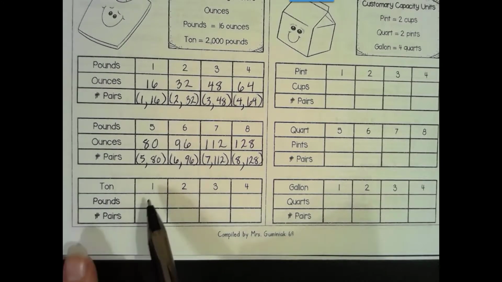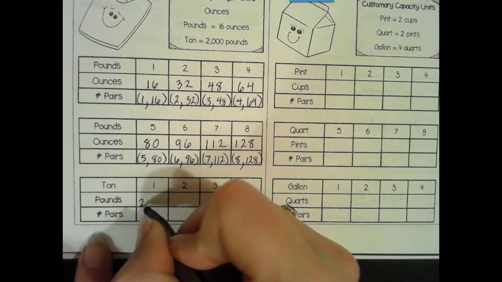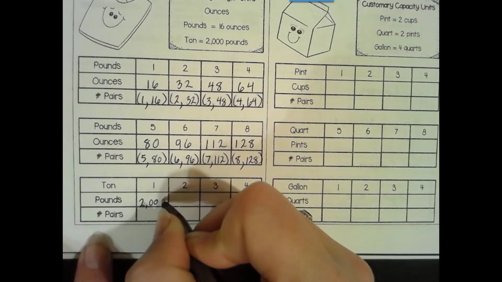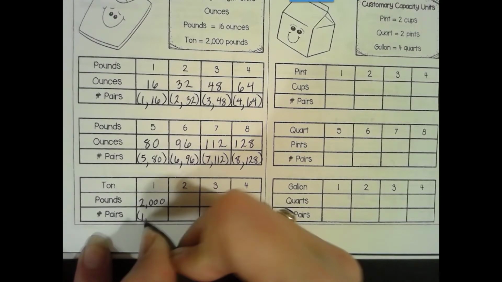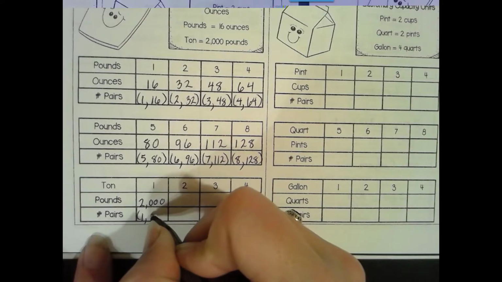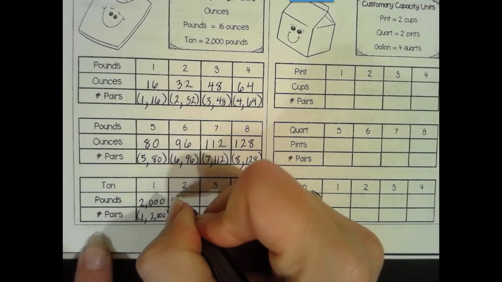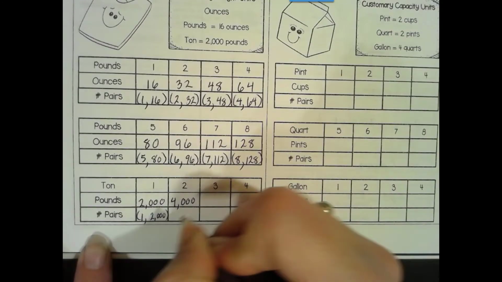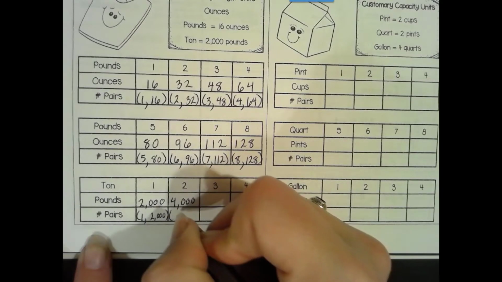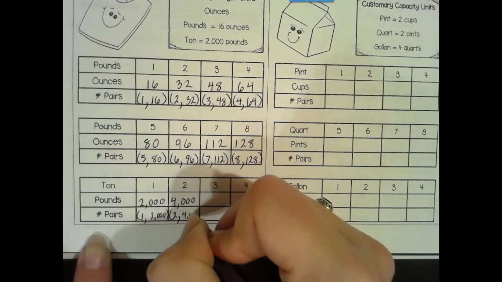Now tons. In 1 ton, there's 2,000 pounds. So for every 1 ton, it's 2,000 pounds. So 2 groups of 2,000 is 4,000. For every 2 tons, there's 4,000 pounds.